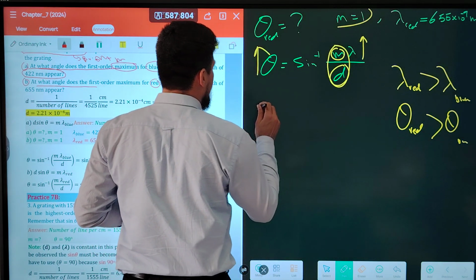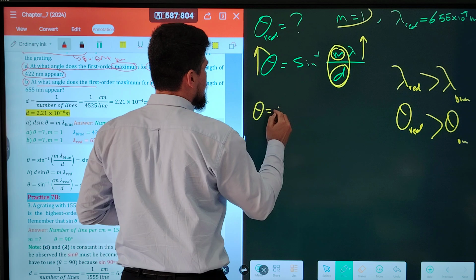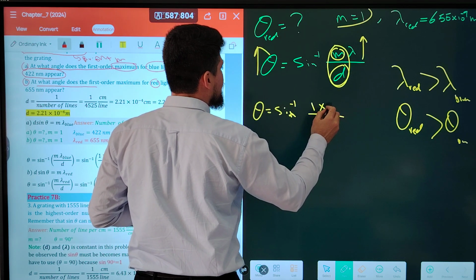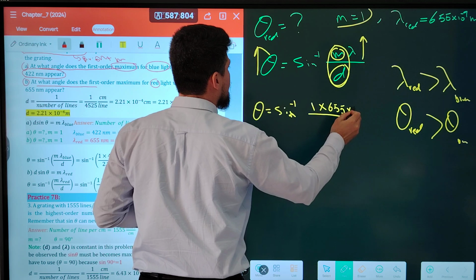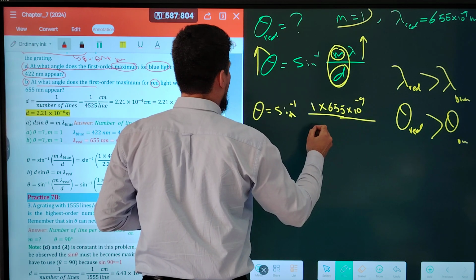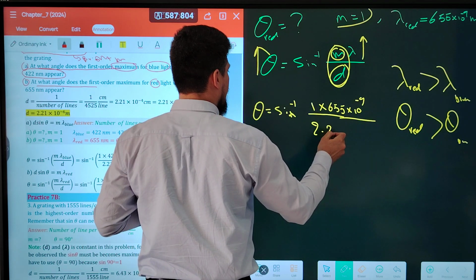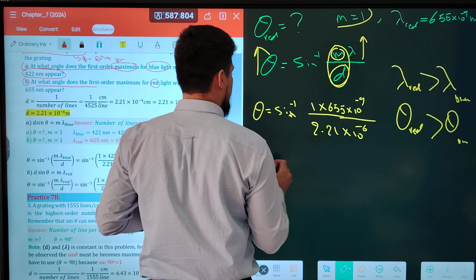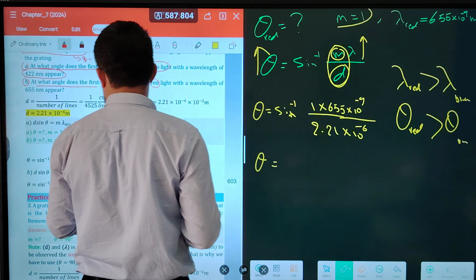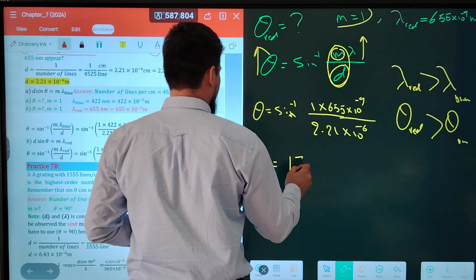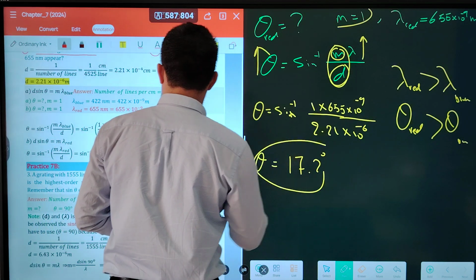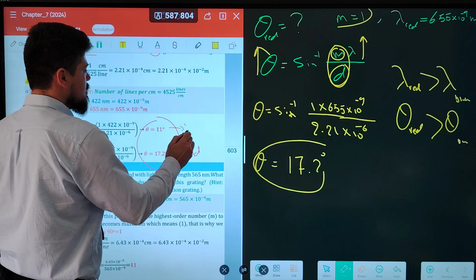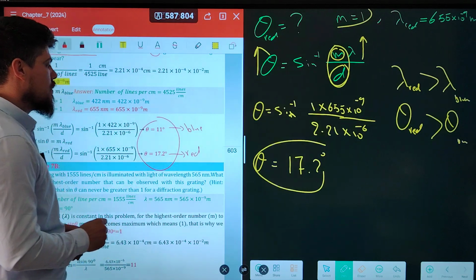Now theta is sine inverse of m, still 1, times wavelength 655 times 10 to the power negative 9 over 2.21 times 10 to the power negative 6, the distance between the gratings. Theta for the red one is 17.2 degrees. So which one is bigger? Absolutely the theta of red, and this is the theta of blue.